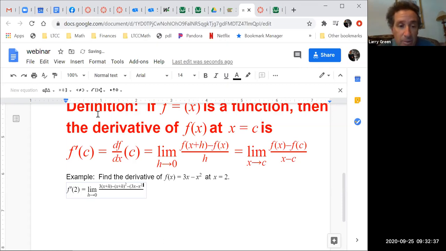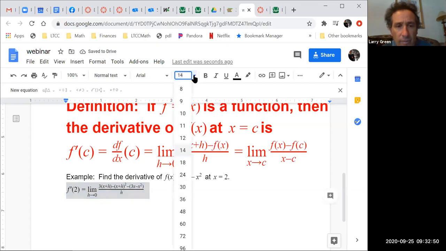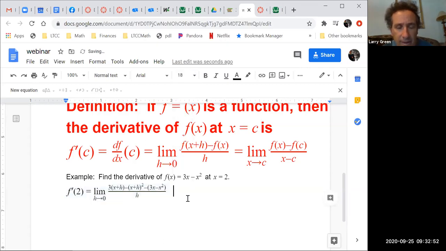Very important to have the parentheses around that second term. All over h. I think I should make it a little bigger. There we go. Any questions?